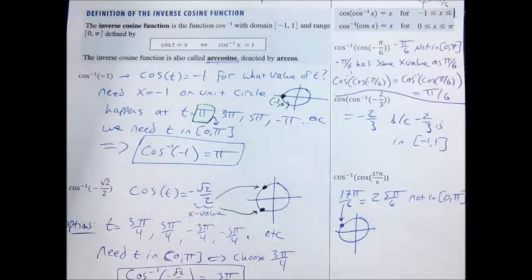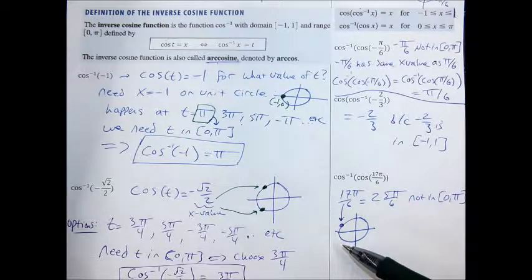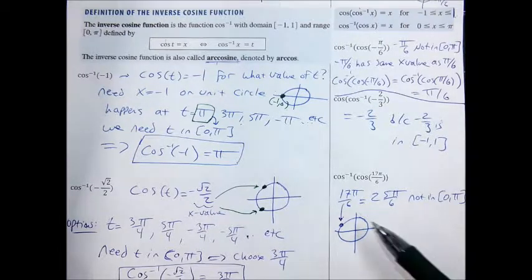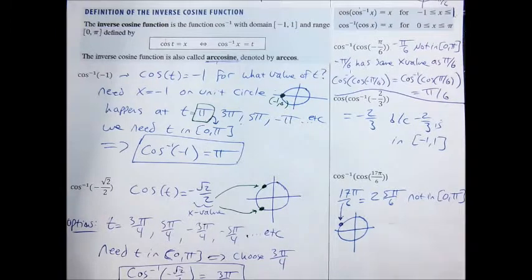So what is that? What's something between 0 and pi that would also put us on that spot? It's got to be a pi over 6 type, because we want to end up at this pi over 6 spot. But not positive pi over 6.